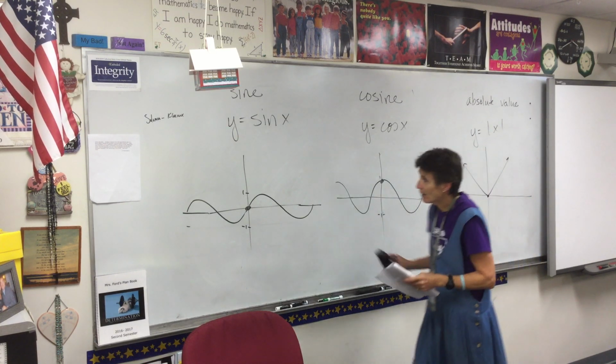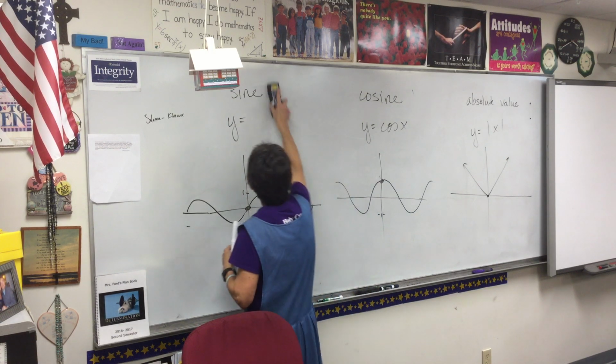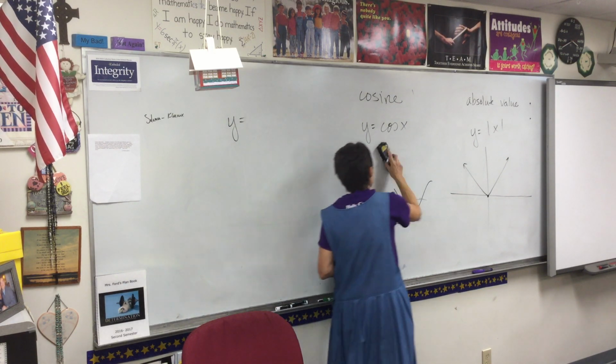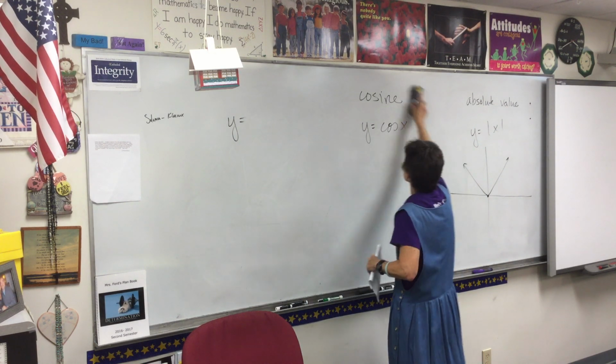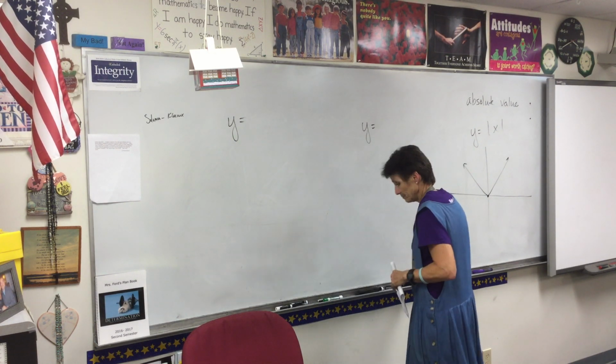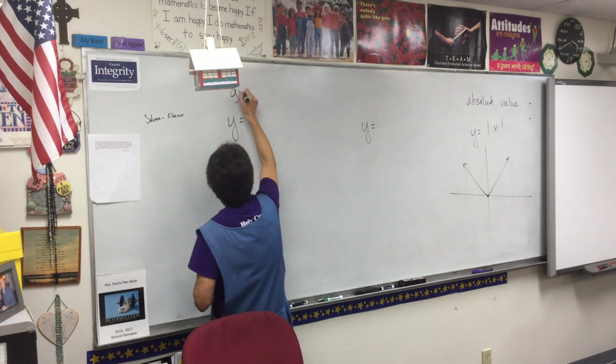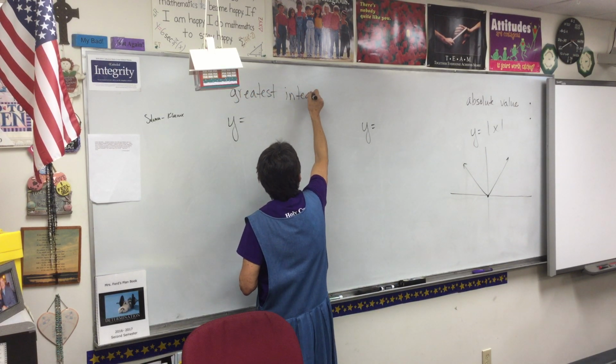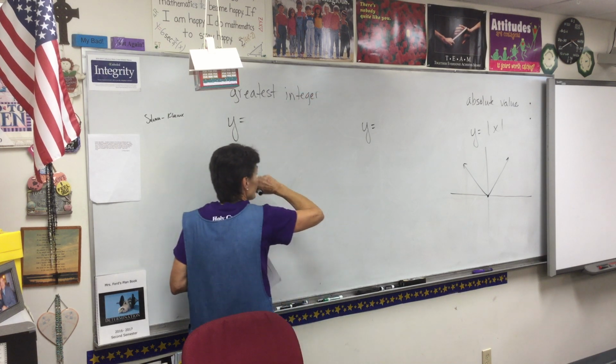All right, now we have my least favorite. My least favorite function is the greatest integer function. But I'm going to share it with you anyway, even though I don't care for it. There are a couple of ways you can denote the greatest integer.